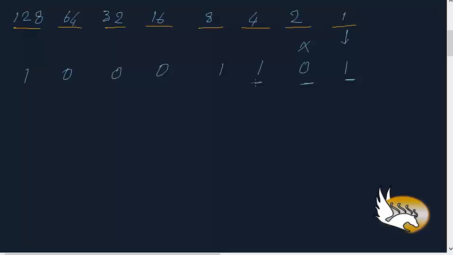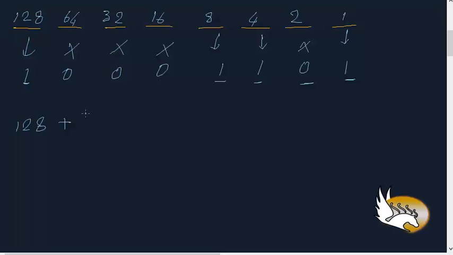Here this is 1, so I'm going to assign the value to this part. This is 1, so I'm going to assign this value. This is 0, I'm not going to assign any value. This is 0, again I'm not going to assign any value. The same happens here, and again this is 1, so I need to assign the value to this. So we have some values here. We have a 128. I add this to another value that we have here.